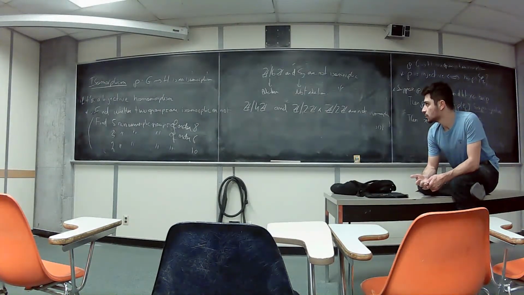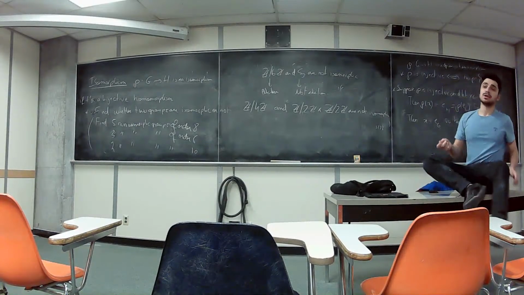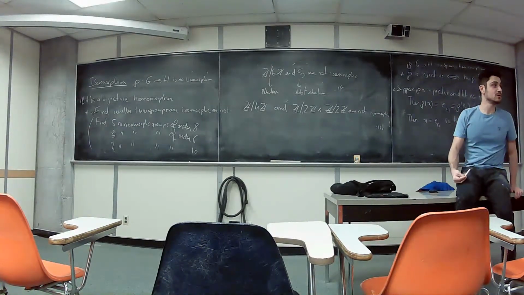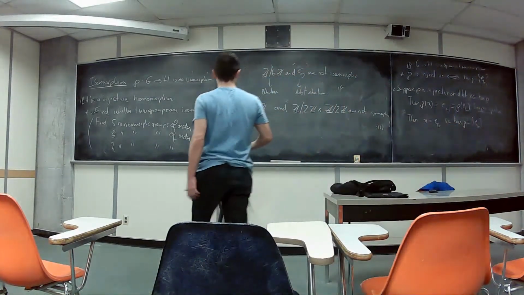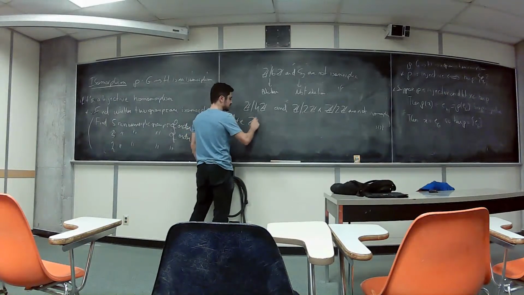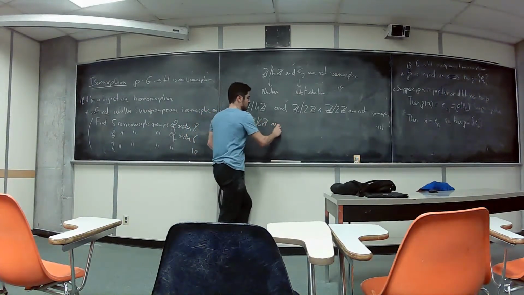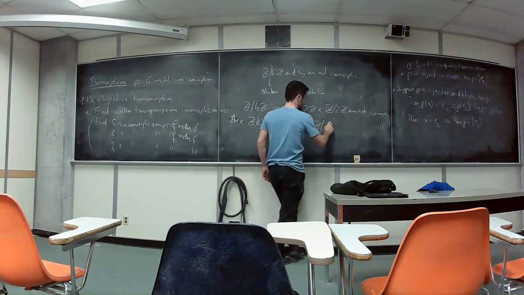Now, let's say Z mod 6 and Z2 cross Z3, are they isomorphic? Yeah, they are isomorphic. Why is that? By the Chinese remainder theorem, right? For example, if I ask you to show that Z6 and Z2 cross Z3 are isomorphic.